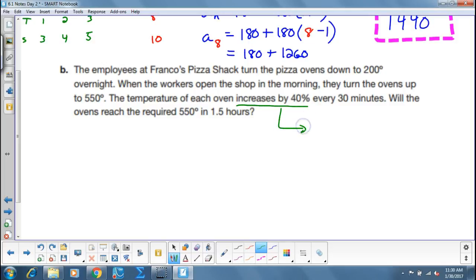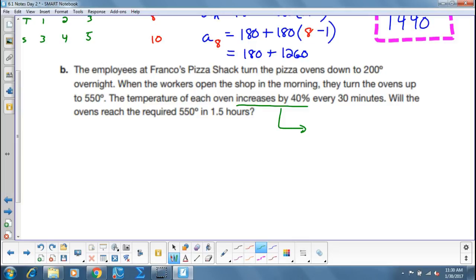Okay, so anytime that you see increases by a percentage, it's automatically geometric. Okay? When it's increasing by a percentage, it's automatically geometric. Okay?